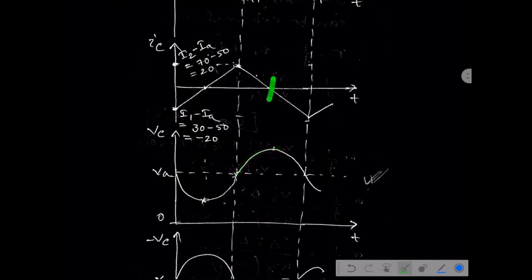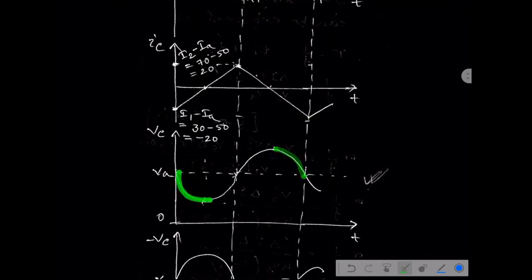After this point, the inductor current again gradually decreases from 0 to minus 30 ampere. Then the capacitor discharges, as the excess 20 ampere current is delivered from the capacitor to the load. That is why the capacitor voltage decreases.